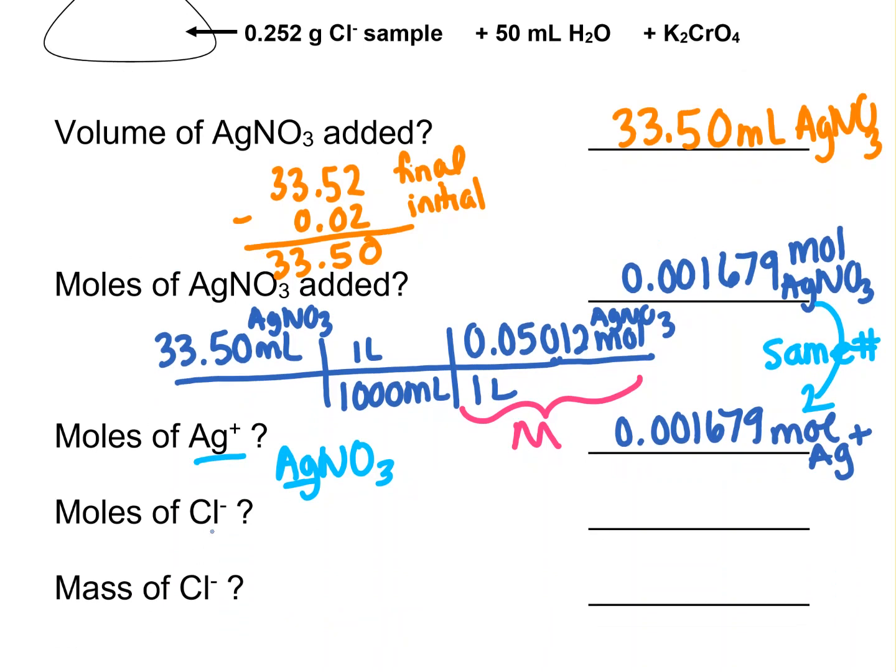And then it wants to know how many moles of chloride reacted. Well, if we remember our net chemical reaction, it is a 1-to-1 mole ratio, so it's going to be the same number again.